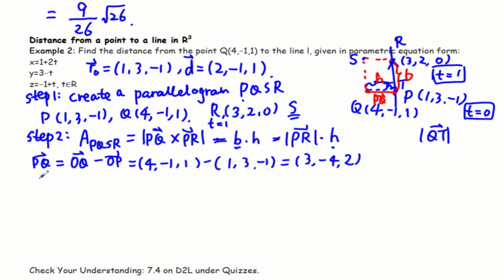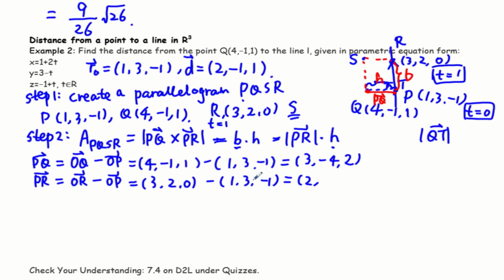Then we find the PR. So it's OR take away OP. And R is 3, 2, 0 minus 1, 3, -1. So x minus x, 3 minus 1 is 2. 2 minus 3 is -1. 0 minus -1 is +1, is 1.